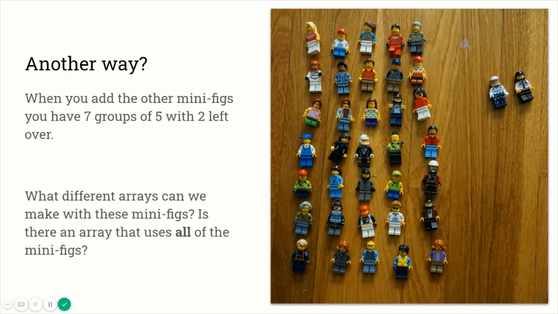What are different arrays that could be built using all these minifigs? Are there any? What other configurations could we come up with if we didn't have groups of 5? How about groups of 2, groups of 3, groups of 4, groups of 7? What would that look like? We want to give students a lot of opportunity to explore and to play around with building arrays.